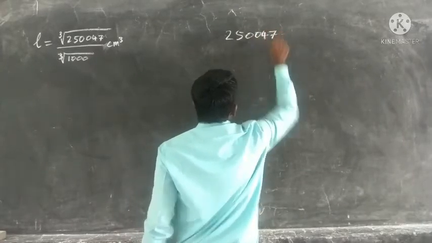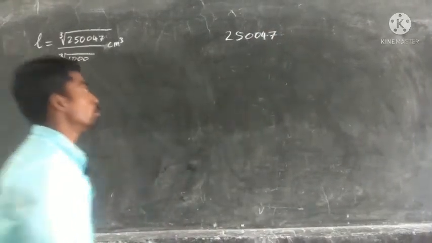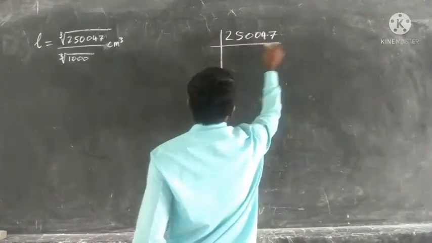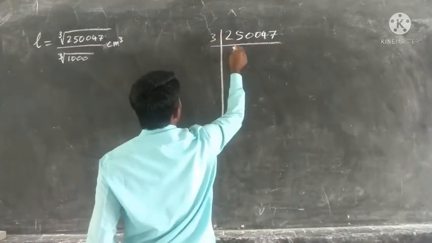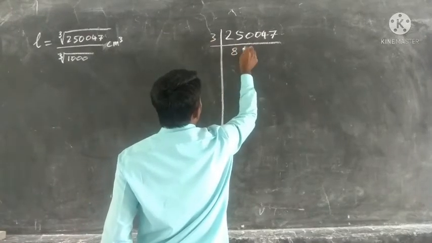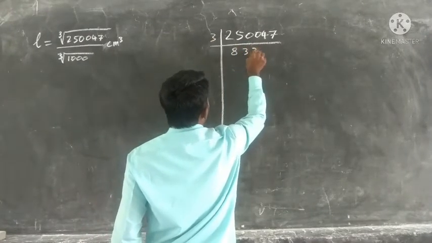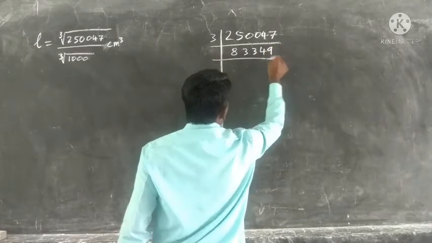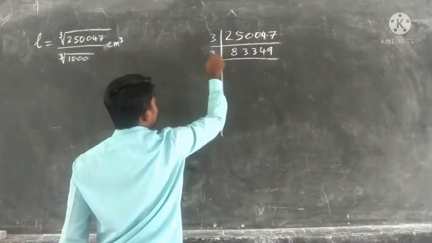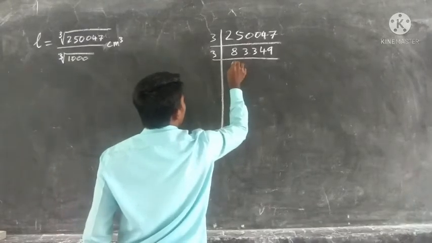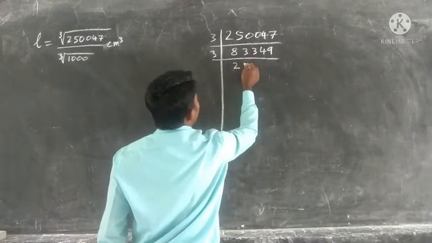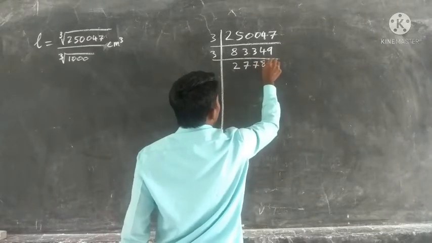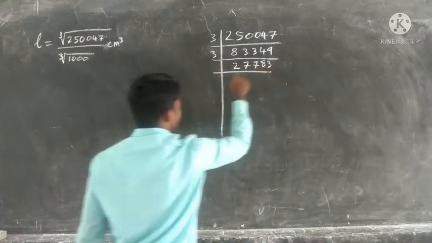250,047 can be divided by 3. We will get 83,349. We can divide this number by 3. We will get 27,783. We can divide this number by 3.